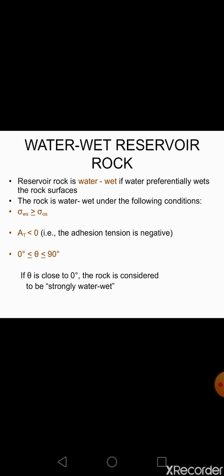In that case, adhesion tension AT will be less than 0, and the contact angle theta will be between 0 to 90 degrees. If theta is close to 0 degrees, then it is considered to be strongly water wet.